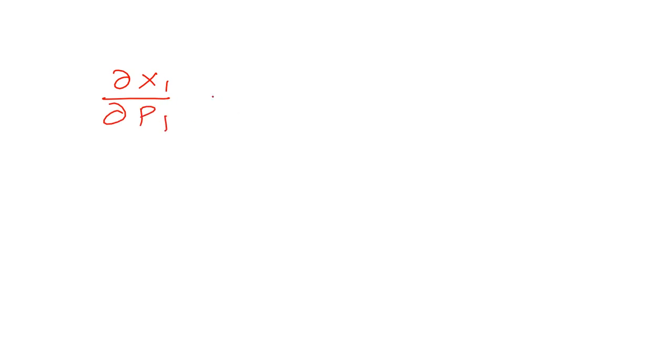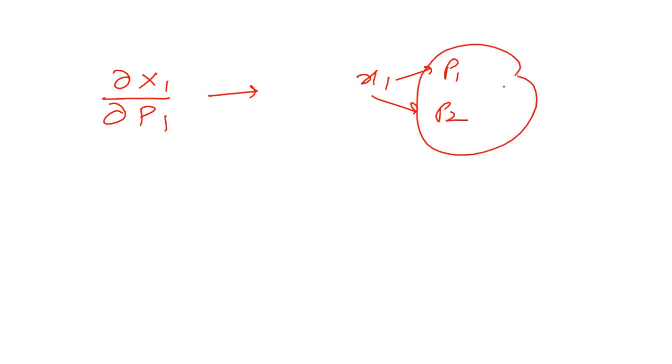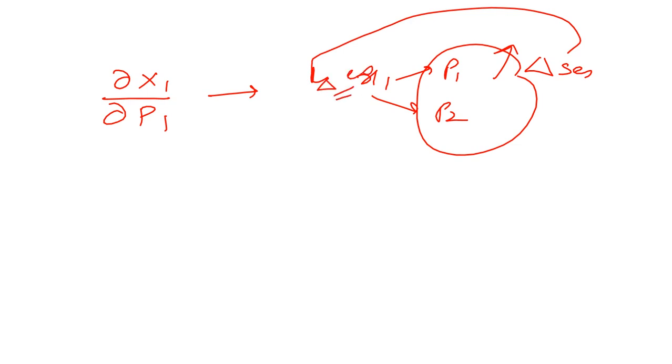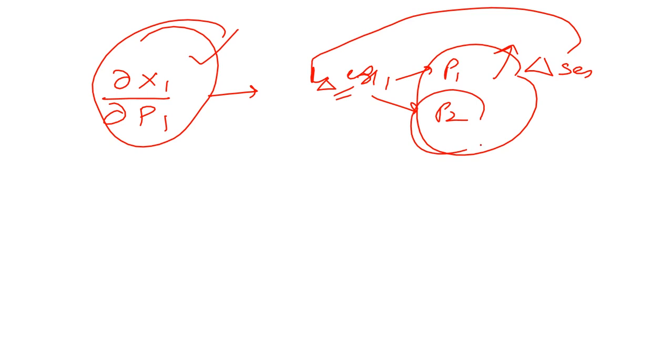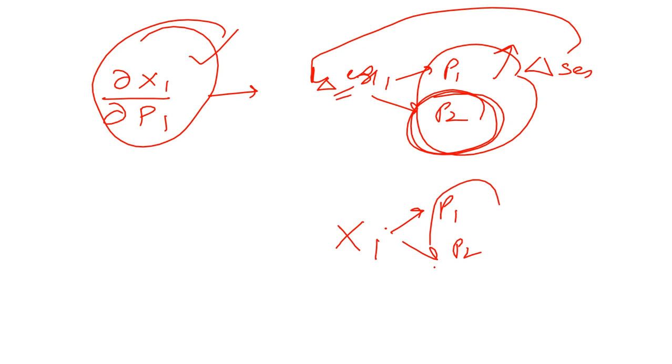If my P1 changes, how does my X1 change, keeping the change in P2 constant? X1 will change when P1 and P2 both change.